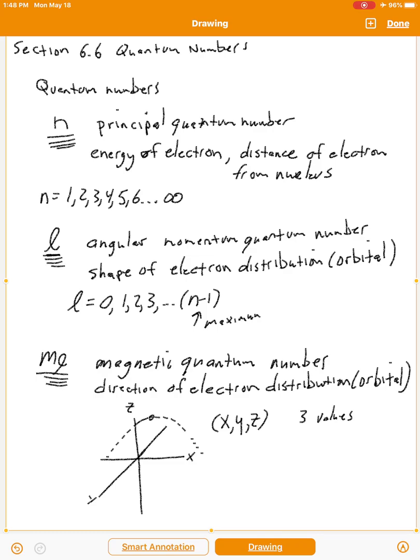One way to think about this would be to say, well, wait a minute, what if I just had a string on a guitar? We talked about that in an earlier section. If you pluck the string and it starts vibrating, you only need one quantum number. You just need n. What if you had two dimensions? Is there a musical instrument that has a vibration in two dimensions? And you know the answer to that.